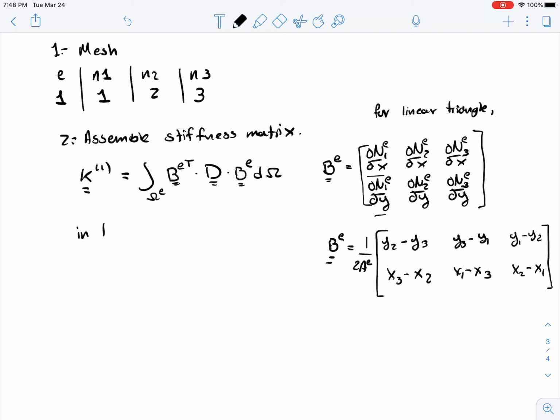So in this case, I need x1, y1, x2, y2, x3, and y3 for this element. And for that, let me just draw the element again here. So here there's also a distinction between the local node numbers and the global node numbers.